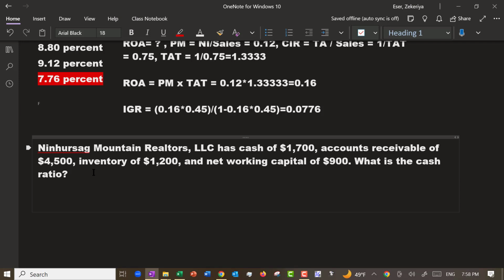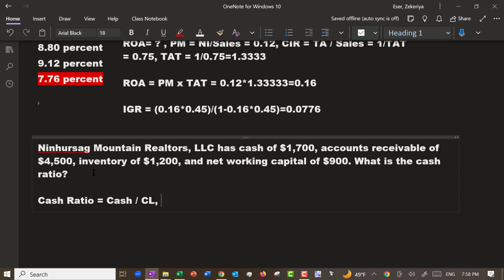Okay, we know their cash, we know their accounts receivable, inventory, and net working capital. What's the cash ratio? Well, cash ratio is simple. Cash over current liabilities, okay? Always write the definition first. Do we know cash? Yes. The only thing we don't know is current liabilities. Well, how can I figure that out?